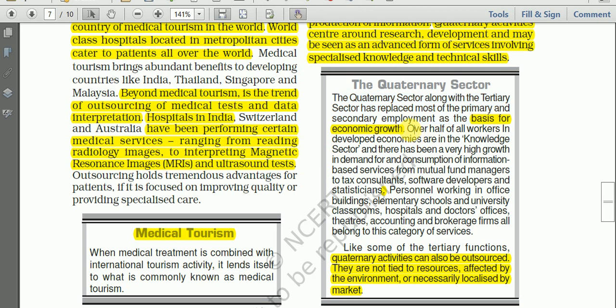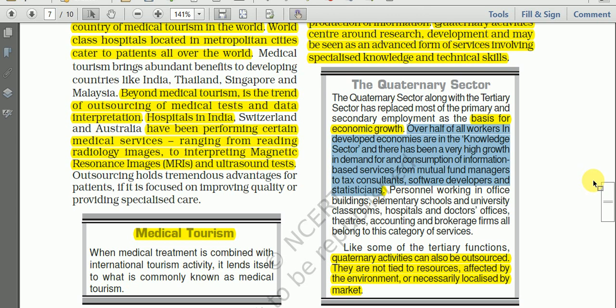Then another one is here. See here, over half of all workers in developed economies are in the knowledge sector, and there has been a very high growth in demand for and consumption of information-based services, from mutual fund managers to tax consultants, software developers, and statisticians.